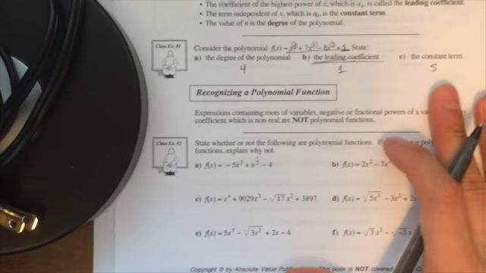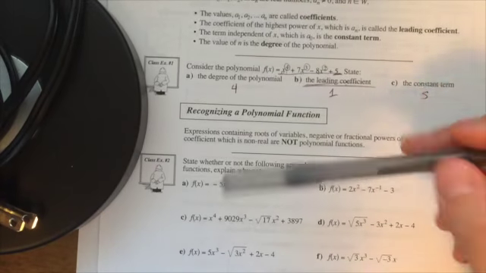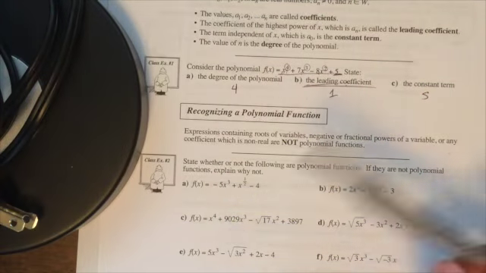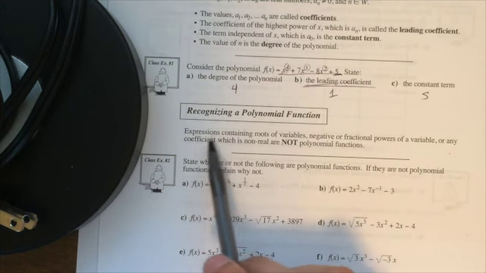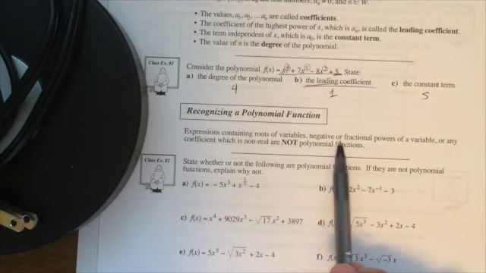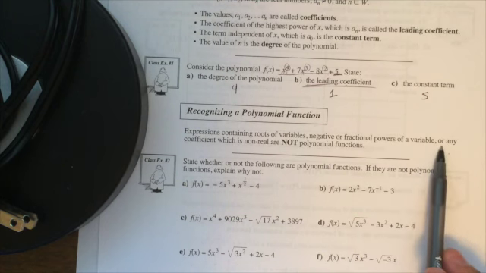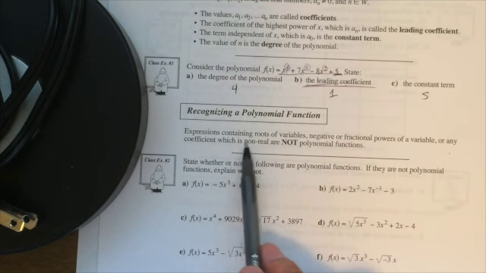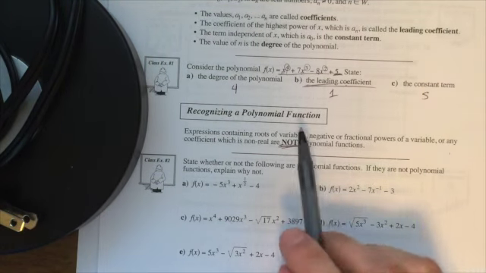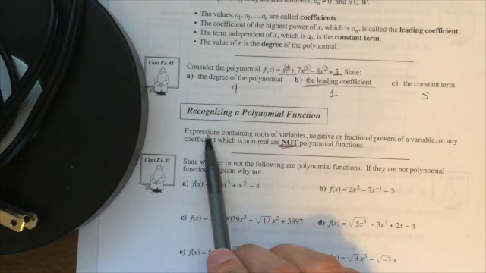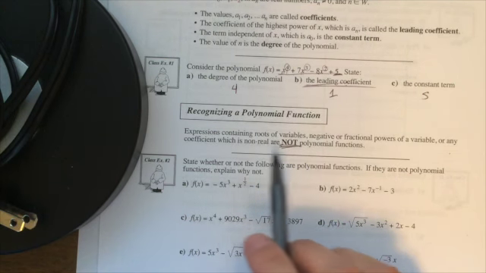All right, let's look at the next few examples. I'm only going to do the first 3 here, and you can do these ones by yourself. We want to note that expressions containing roots of variables, negative or fractional powers of a variable, or any coefficient which is non-real are not polynomial functions. So again, you might want to read that over to yourself to make sense of it.